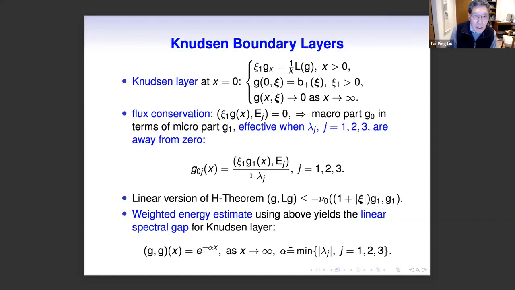However, one notices that this thinking I just outlined is weak if lambda_j is very small. So in short, the analysis gives us an exponential decay, but this exponent alpha will be very small if one of the lambda_j is close to 0. And precisely because this representation of the macro part in terms of the micro part is very weak if one of the lambda_j is near 0.